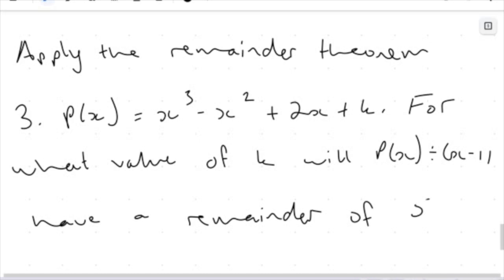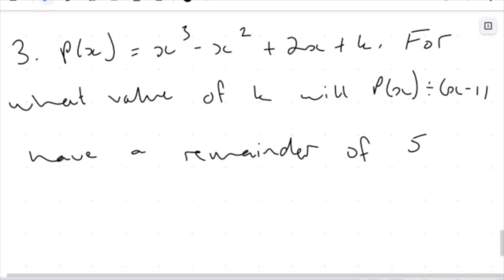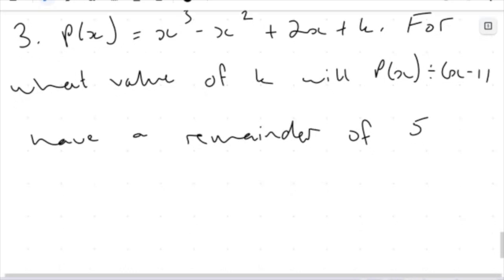Okay, so let's check what the question is actually telling us. Here we have our polynomial, and it's getting divided by this divisor. So for our divisor, x minus 1, our a here equals 1, because these divisors are in the form of x minus a.